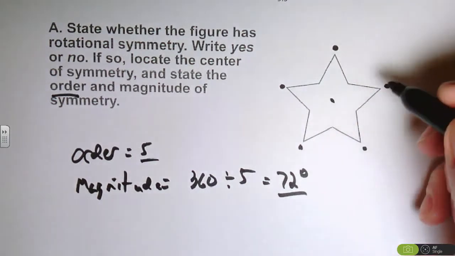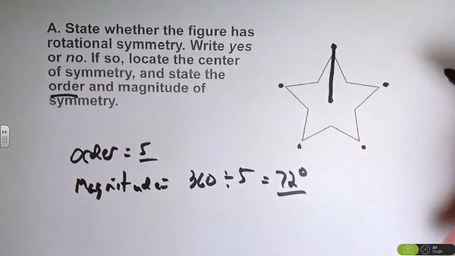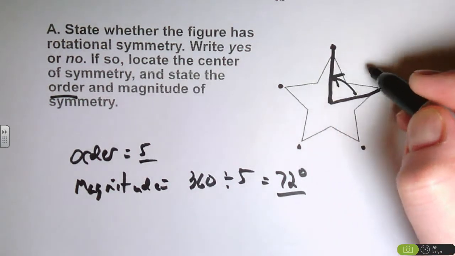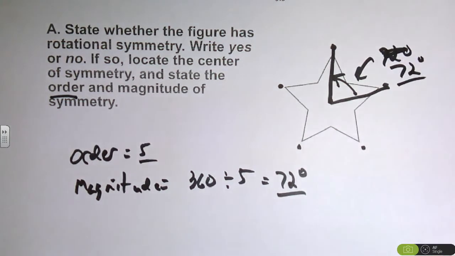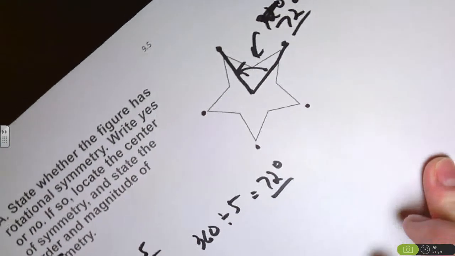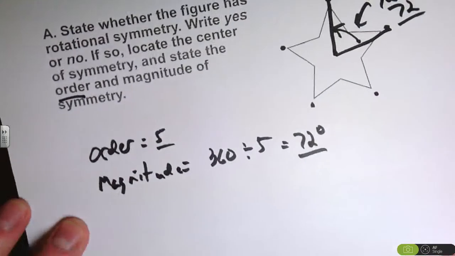So if the center is right here, which is the center of symmetry, and it goes out to the next turn, this angle here is 72 degrees. So that's the magnitude. All I have to do is turn it 72 degrees, and boom, I'm back to the same figure.